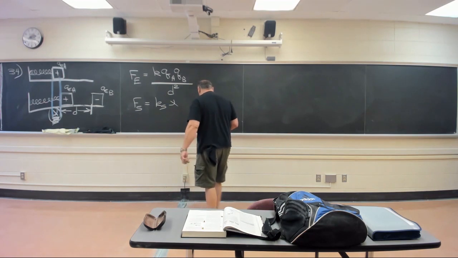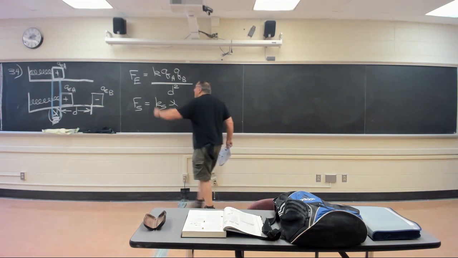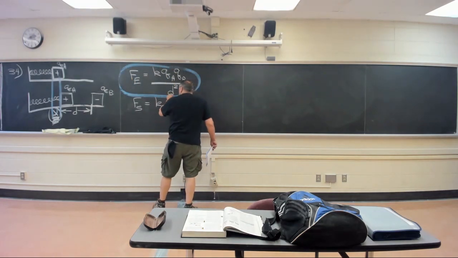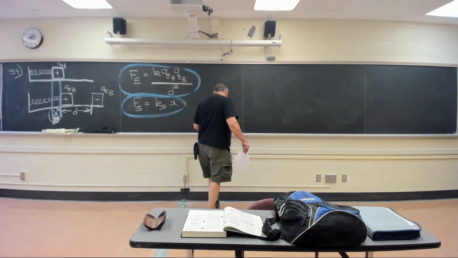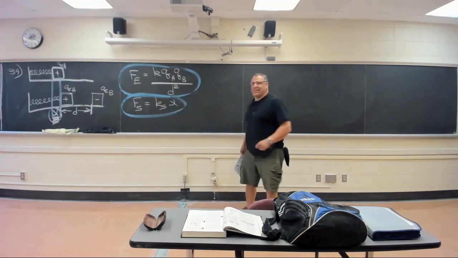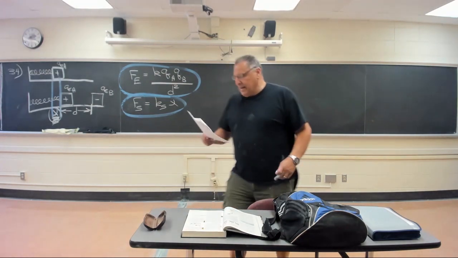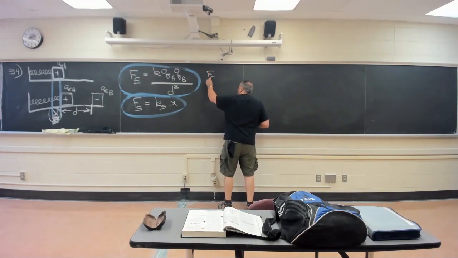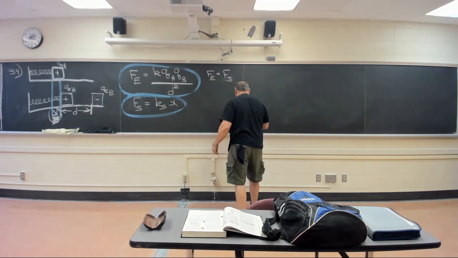The stretch is X. The real big thing to look at, guys, is the electric force pulls to the right, the spring pulls to the left. They're in a dead heat, so to speak, a tug of war that's actually a stalemate. Electric force equals the force associated with the spring.